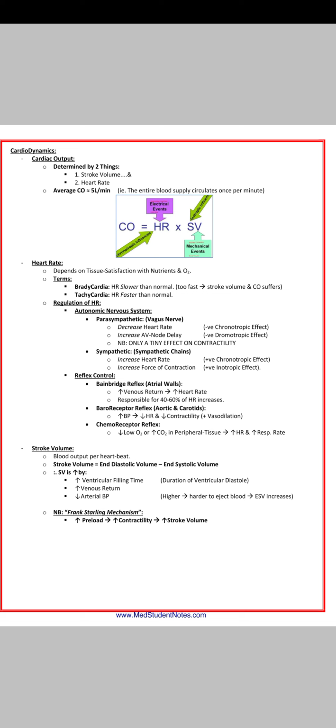If the heart rate is too fast, the tissue satisfaction with oxygen and nutrients decreases. So the tissue has an effect on the heartbeat, and the heartbeat has an effect on stroke volume, and CO2 increases in the heart.